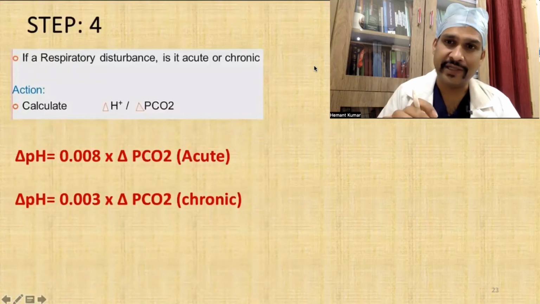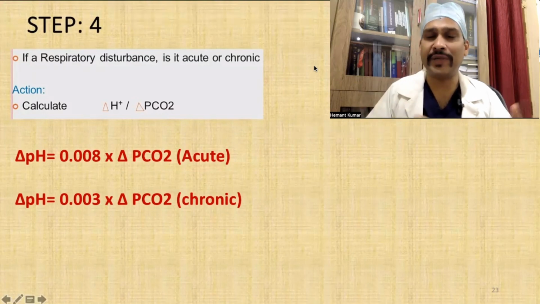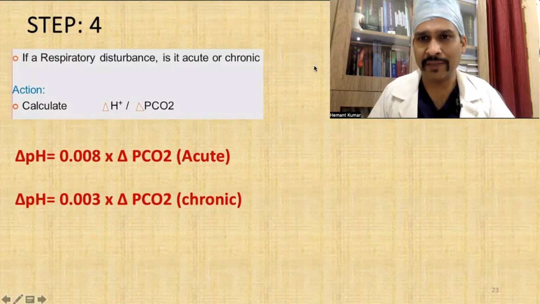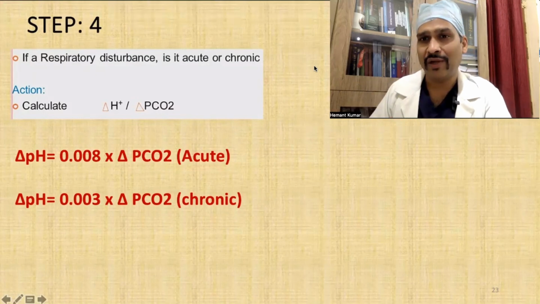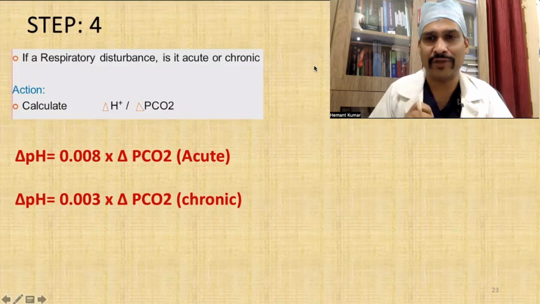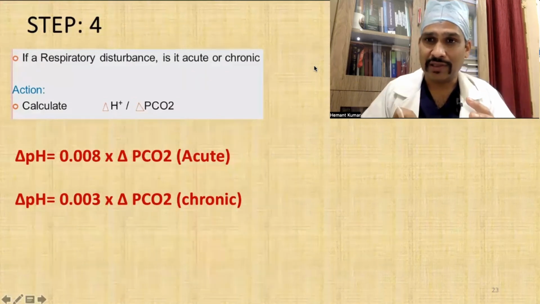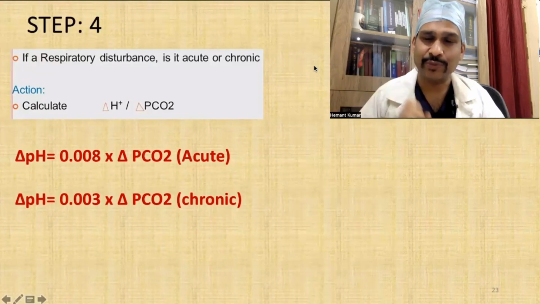If it is respiratory, we have to see whether it is acute or chronic. Say, for example, COPD. In COPD, it may be acute acidosis or chronic acidosis. So we have to check whether it is acute or chronic. In acute, there is a large pH change for a small change in PCO2.